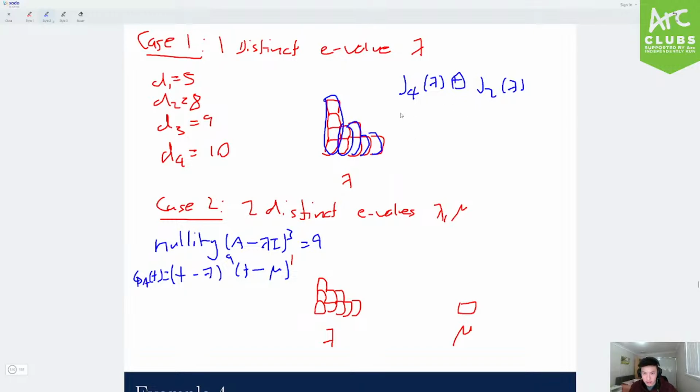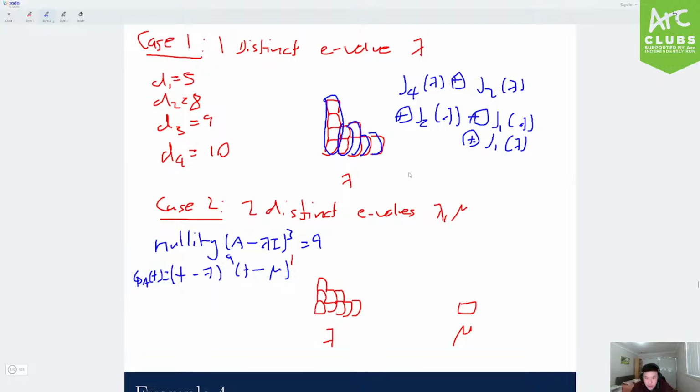Direct sum with the next chain, which is also length 2. Direct sum with the next chain, which is length 1, J1 of lambda, and direct sum with the last chain, which is also length 1. So that's going to be your Jordan matrix for case 1.